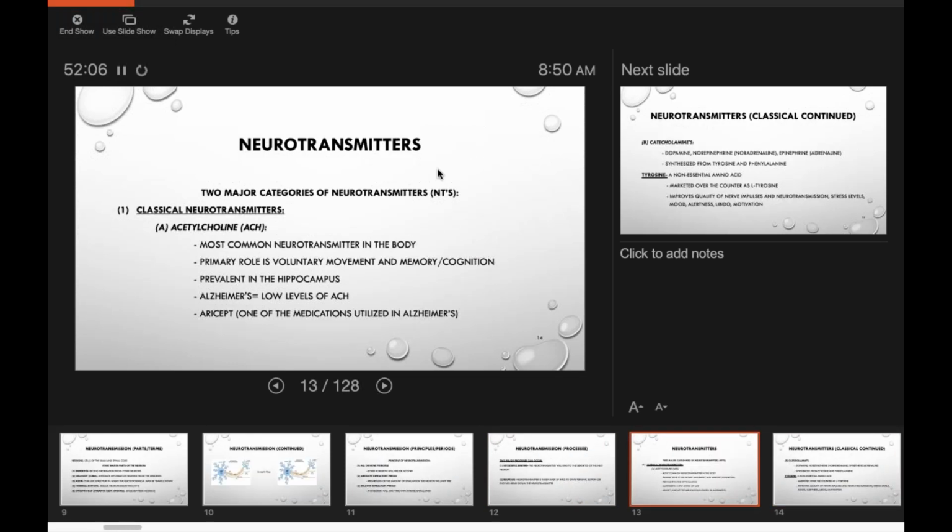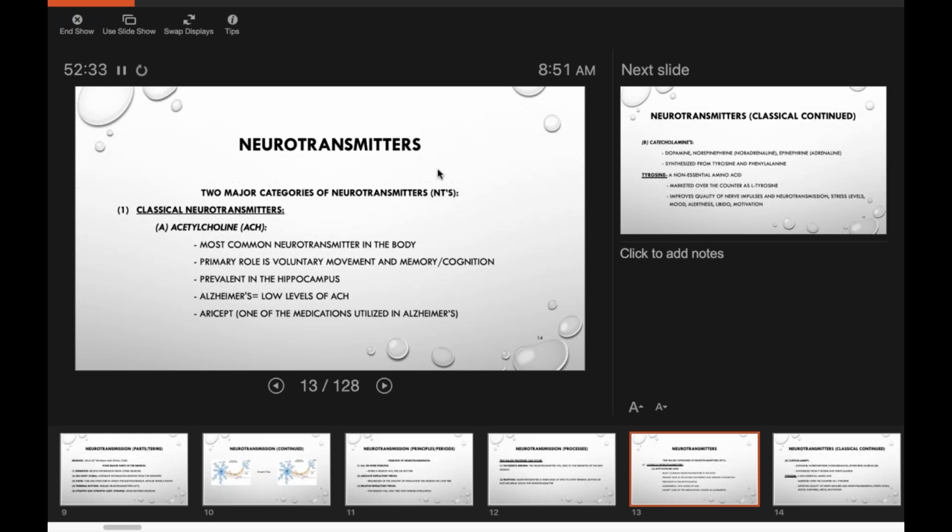So now we want to talk about what are those neurotransmitters that we have in our body. Well, there's two types of categories: classical neurotransmitters and peptide neurotransmitters. Classical neurotransmitters we're going to start off with first.